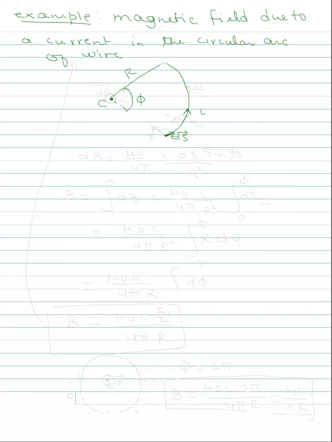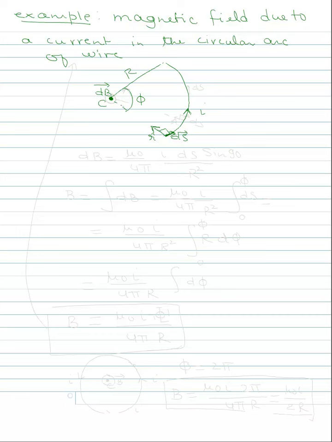So here it's tangent like this, and if you're trying to find the magnetic field dB at point C, which is at the center of this arc, then the vector r hat is going to be like this. And notice that r hat is in the direction of the radius of this arc, and ds is tangent, so the angle between these two is 90 degrees.